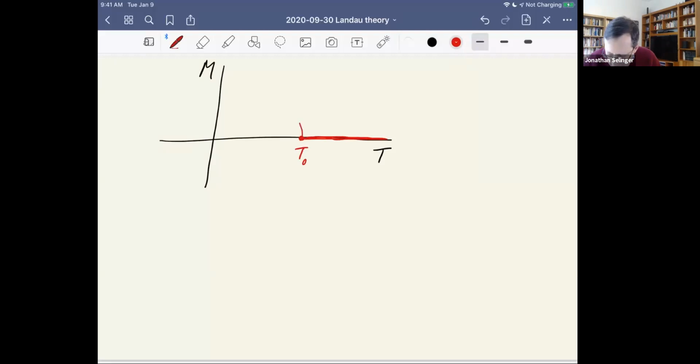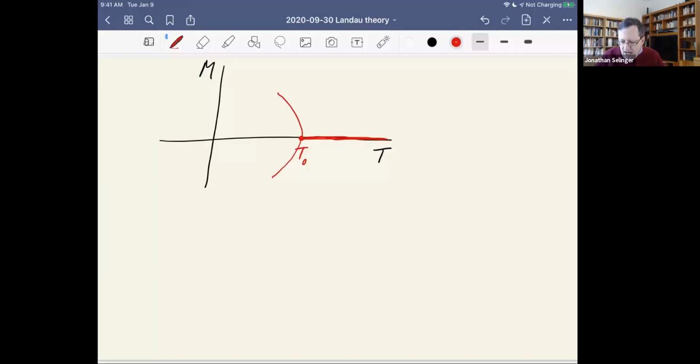And then it's the square root law for temperatures below T0. And this kind of a trend is equivalent to what we found from doing the mean field theory. So this is a similarity between what we had doing mean field theory and what we get from this Landau theory that's based purely on symmetry with no microscopic information.